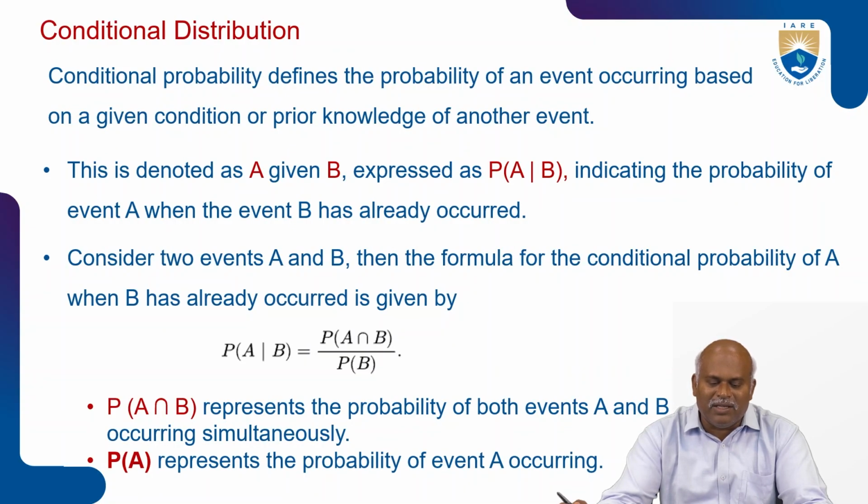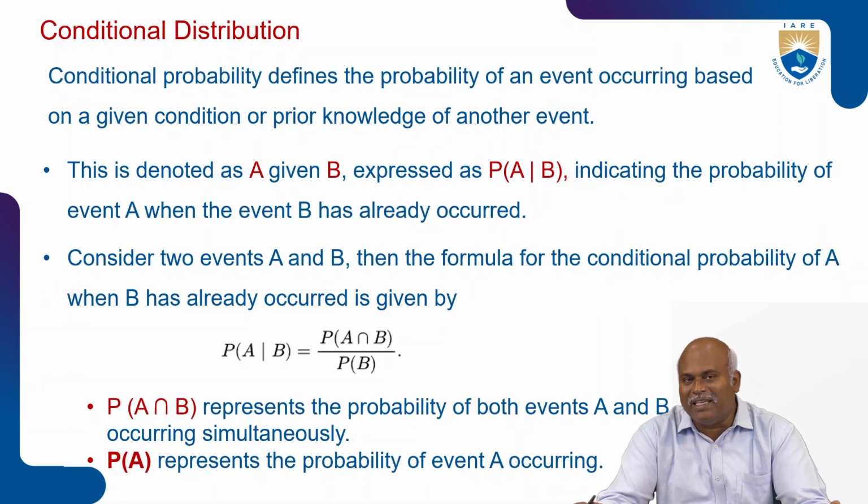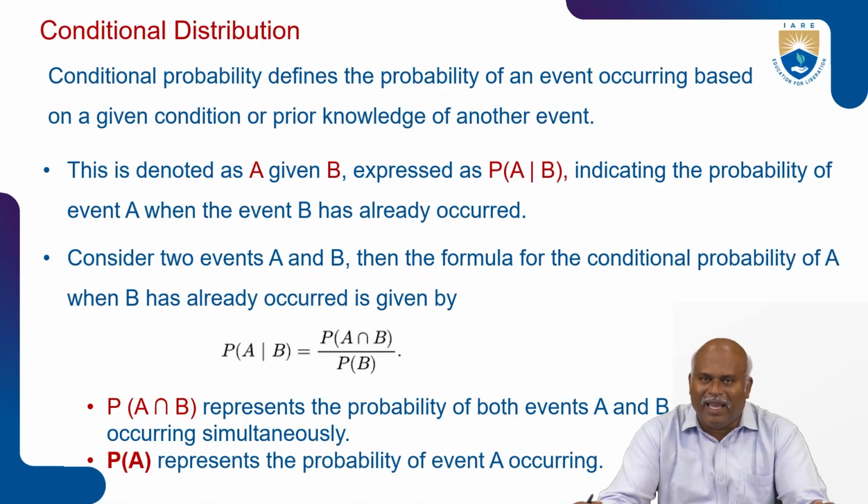Next we go for the conditional probability distribution. Conditional probability always occurs as an event based on prior knowledge of another event. That's why I define conditional probability as the probability of an event occurring based on a given condition or prior knowledge of another event.